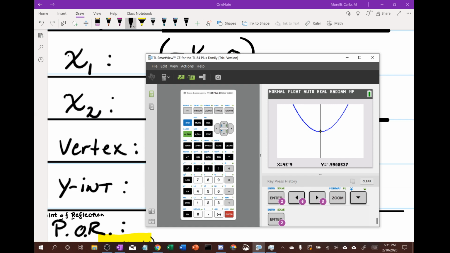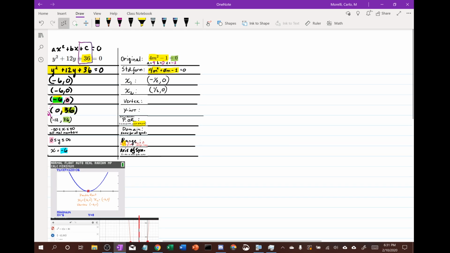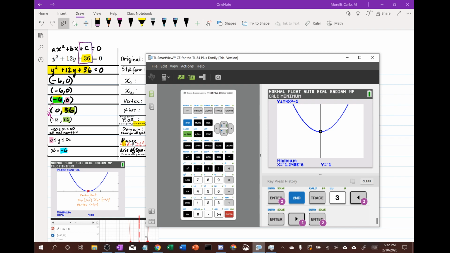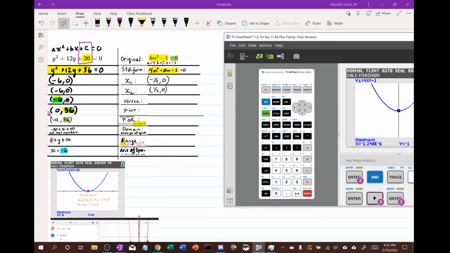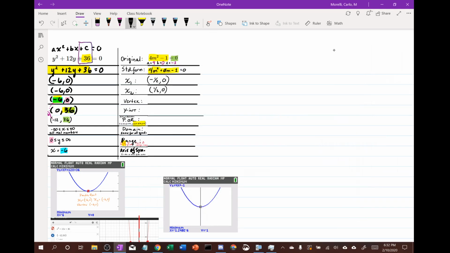Check this out. So let me hit second trace minimum again. Left bound, right bound, enter. Now check this out. So let me zoom out and paste this picture so you can see what I'm talking about. Because this could really trip you up like it did just now for me. I thought I did something wrong.